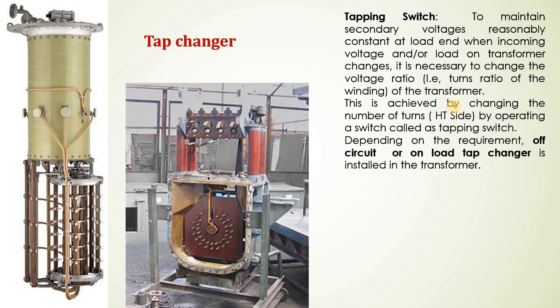This is achieved by changing the number of turns on the HT side by operating a switch called a tapping switch. Depending upon the requirement, an off-circuit or on-load tap changer is installed in the transformer.